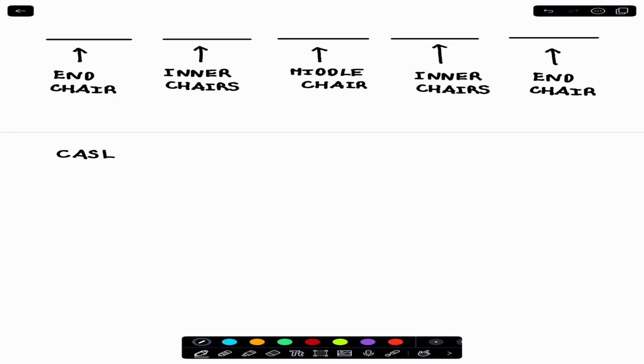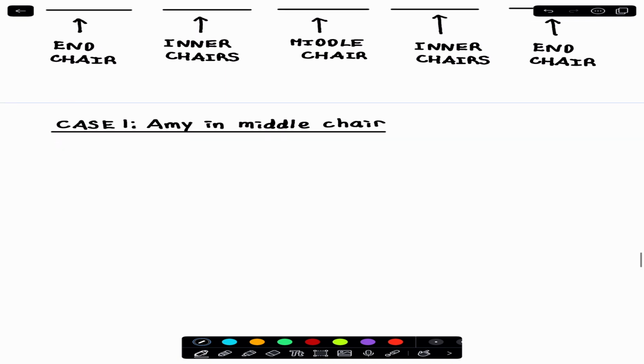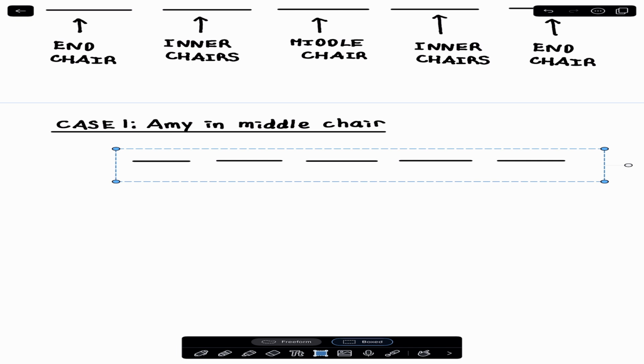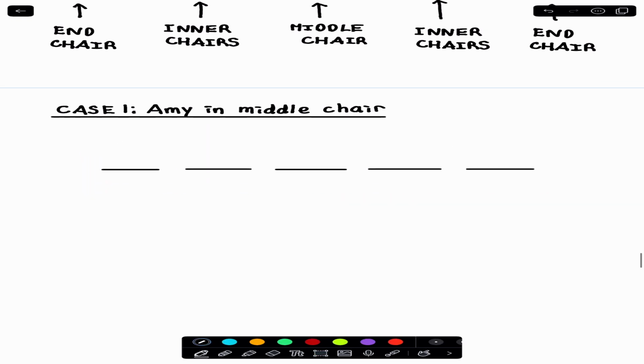So let's say case number 1, Amy is in the middle chair. So now we have something that looks like this. If we have something like this, Amy has to be here.